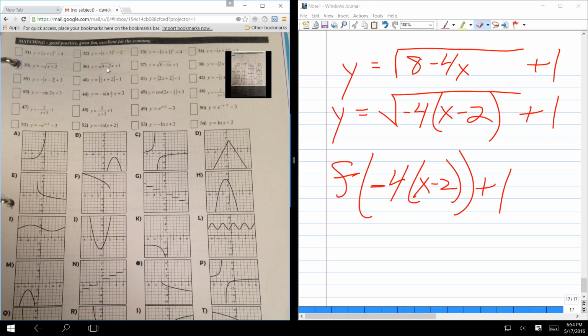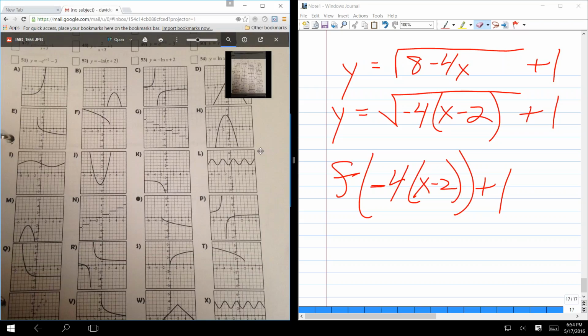Well, over here, 36 is when x is 0, we have the square root of 4, which is 2 plus 1, so this should be 3 when x is 0. So 36 is not f. Let me look at t again. When x is 0, y is 3.